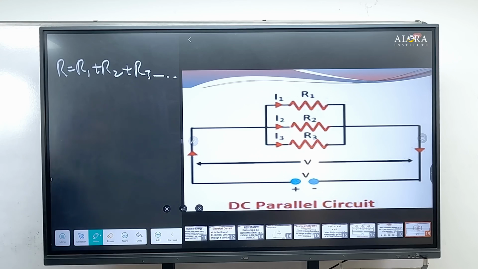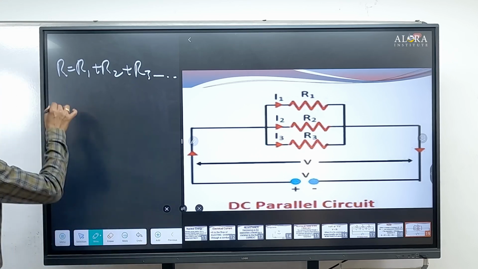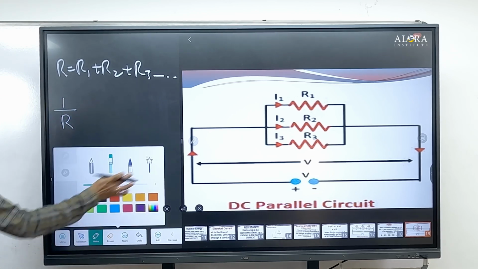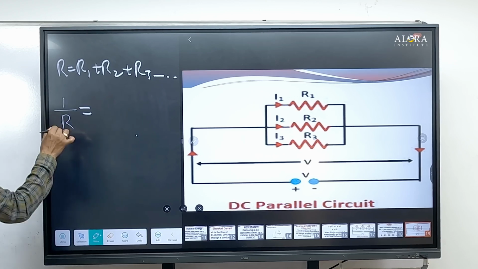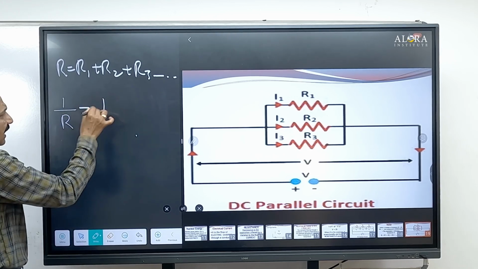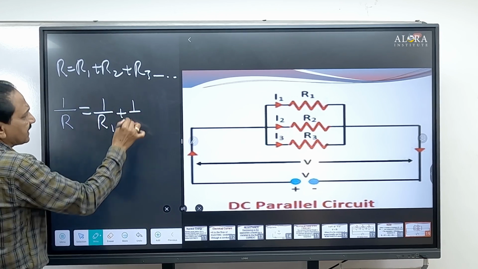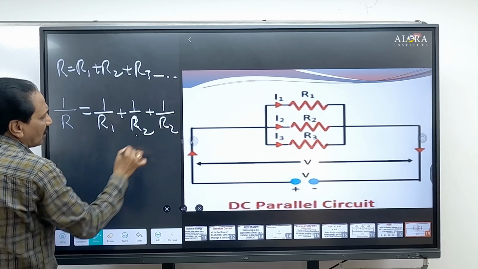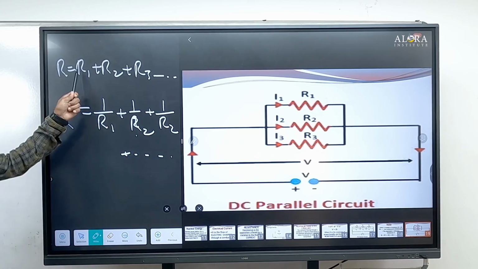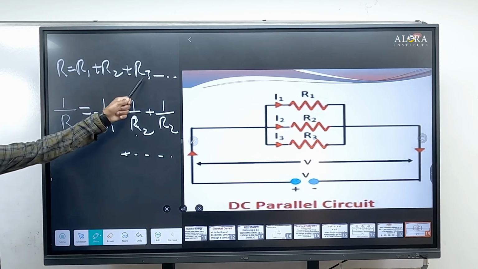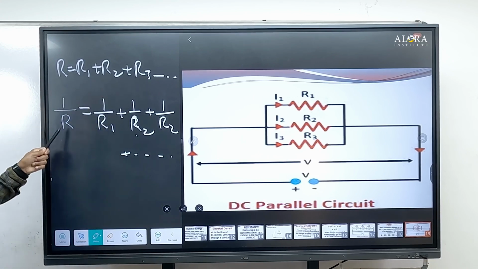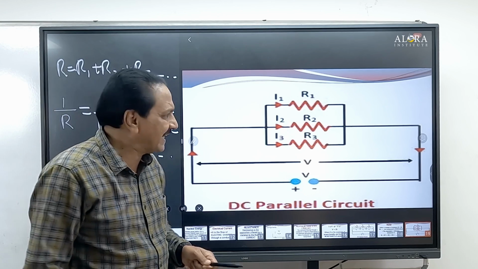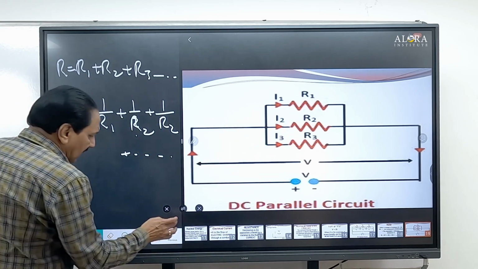Whereas in the parallel connection, the effective resistance is written in reciprocal form: 1 upon R equals 1 upon R1 plus 1 upon R2 plus 1 upon R3 and so on. In the series connection, effective resistance is the sum of the resistances. In the parallel connection, the reciprocal of the effective resistance is the sum of the reciprocals of the individual resistances. Idea is clear. So this is about the DC parallel circuit.